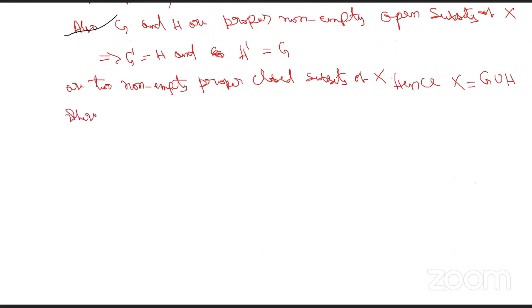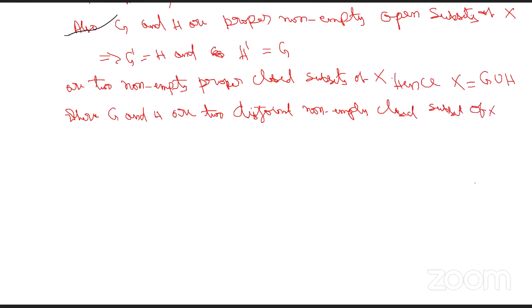Where G and H are two disjoint non-empty proper closed subsets of X. Hence 1 implies 2.